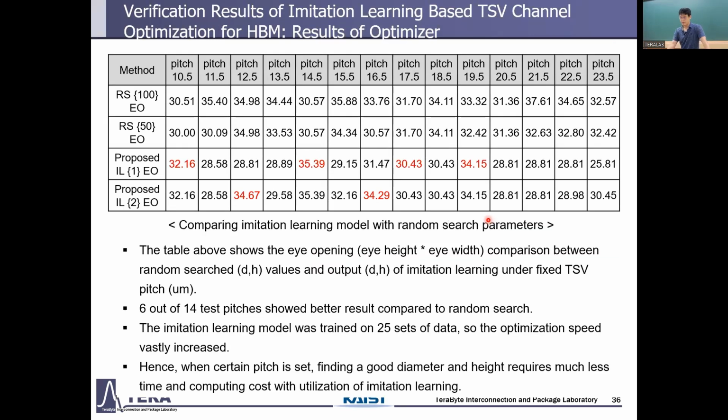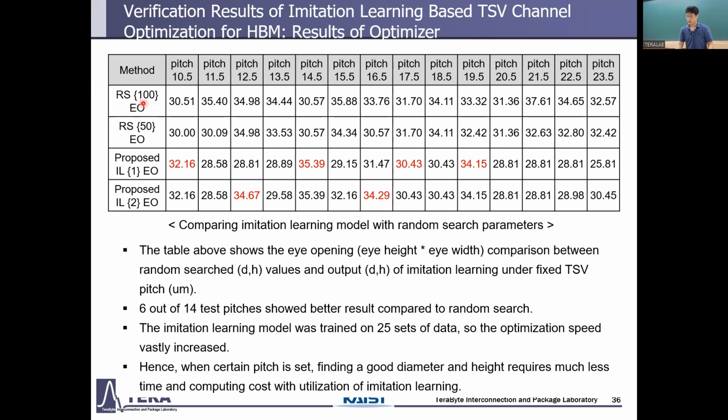So this is my verification results of imitation learning based TSV channel optimization for HBM. It's a little hard to see, but the table above is the eye-opening comparison between the random searched values of diameter and height and the output of imitation learning under fixed TSV pitch.